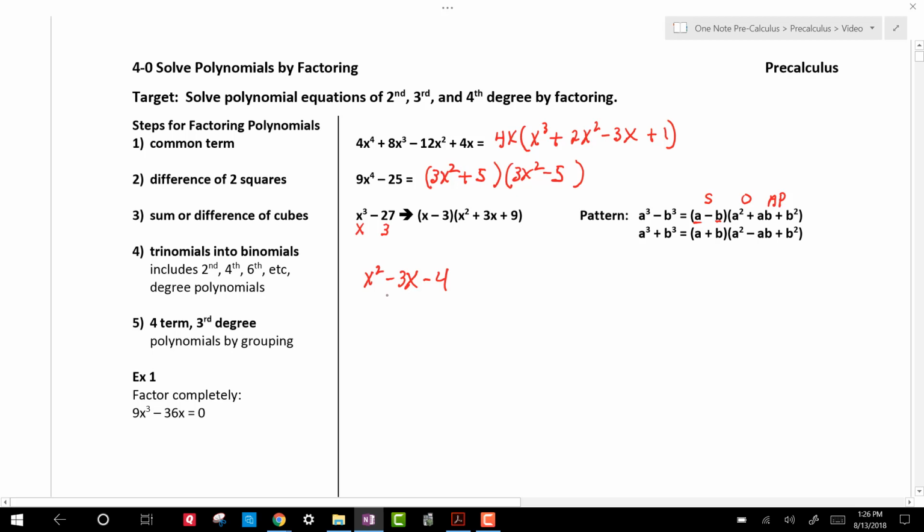And then the last one is 4-term 3rd degree polynomial, and we're going to do those by grouping. So that might be something like, and I don't even know if this one's factorable, x cubed plus 2x squared plus 2x plus 1. Okay? So it could be something like that, and we're going to talk about how to factor those as well.